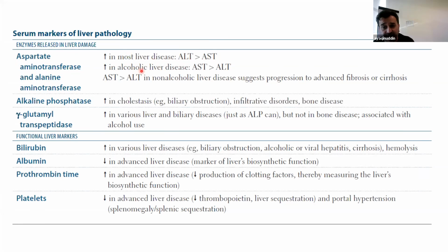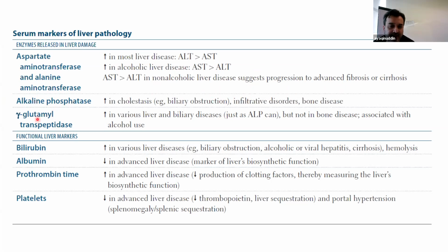But alcoholic liver disease is special, where AST is more than ALT, with a 2:1 ratio of AST to ALT. If AST is more than ALT in non-alcoholic disease, this suggests progression towards advanced fibrosis and cirrhosis.